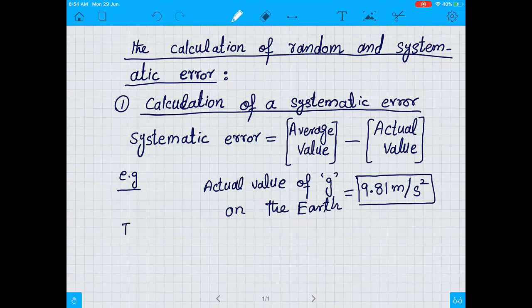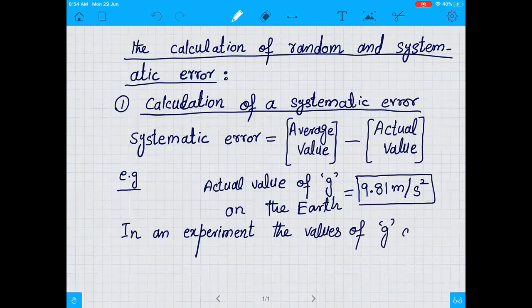Now, in an experiment, the values of G achieved were 7 meter per second square, 8 meter per second square, 9 meter per second square.